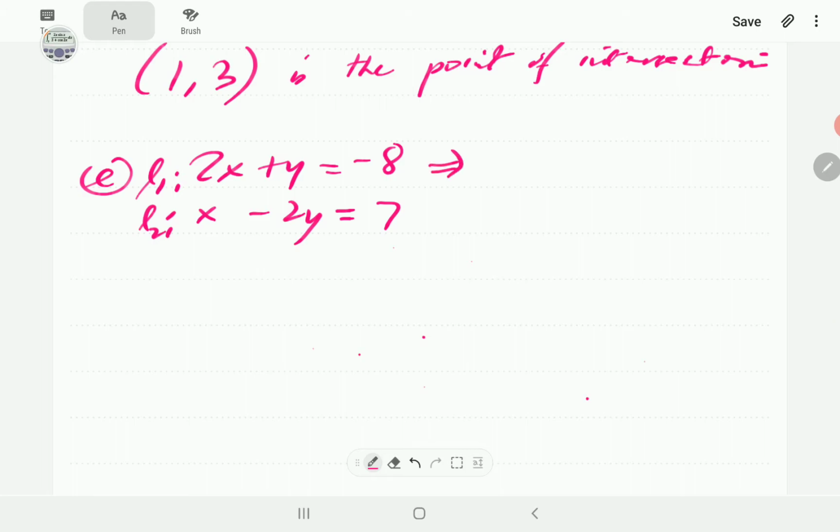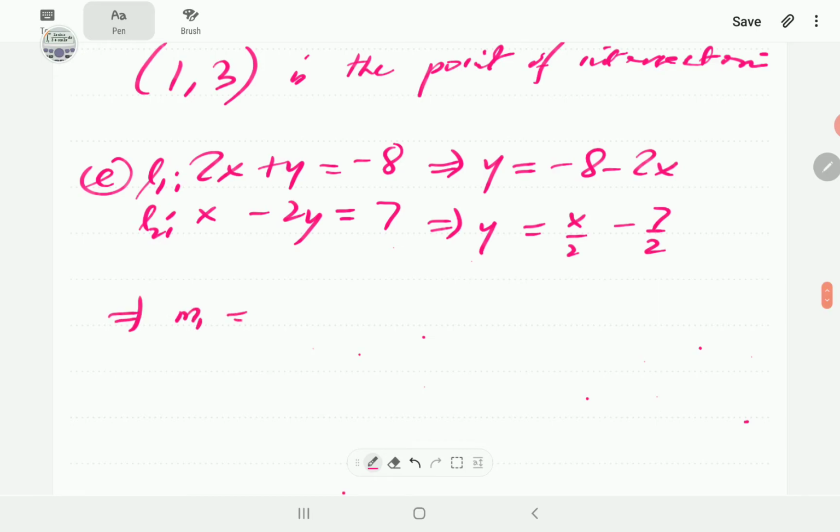If we make y the subject of L1, we have y = -8 - 2x. Making y the subject of L2, we have y = x/2 - 7/2.